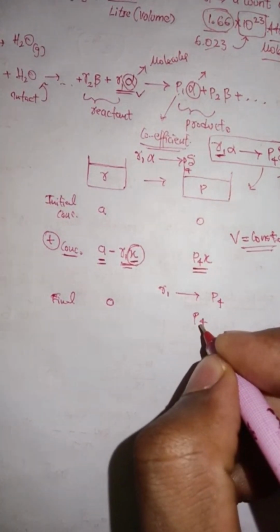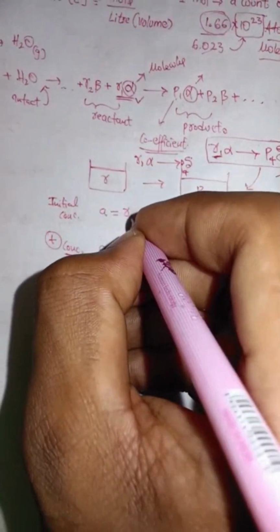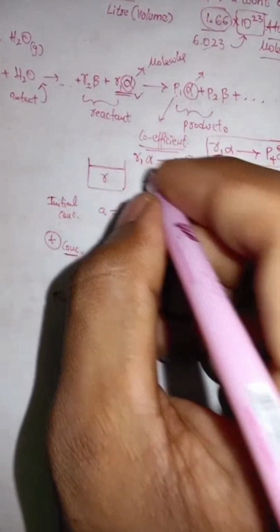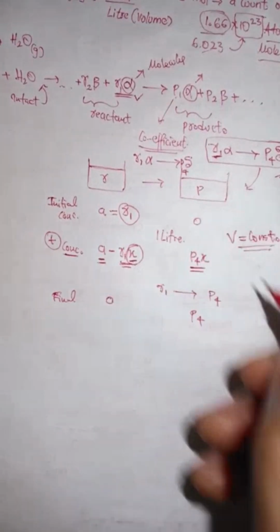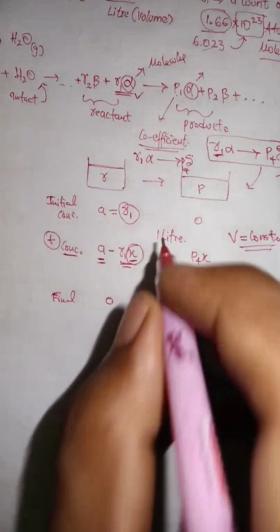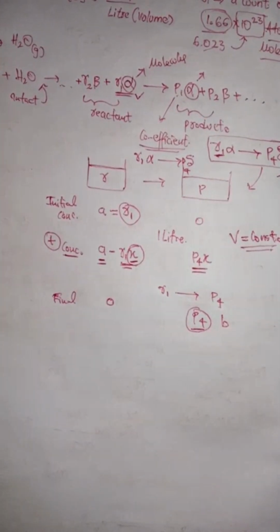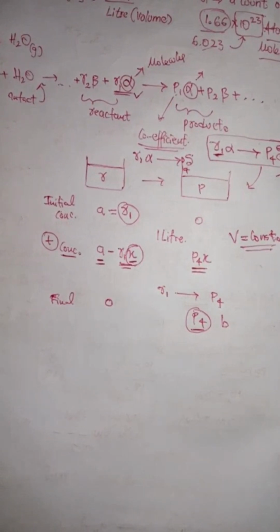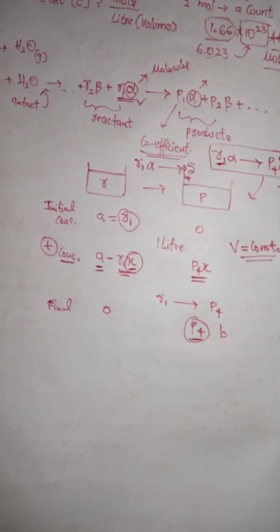Finally, here it is R1 if we take it for 1 liter, and this is P4 if you take it for 1 liter, but it could be some value which we don't know. I mean, by don't know, I mean that it is considered as a variable.